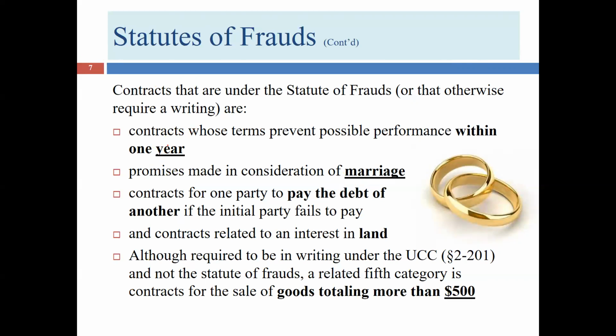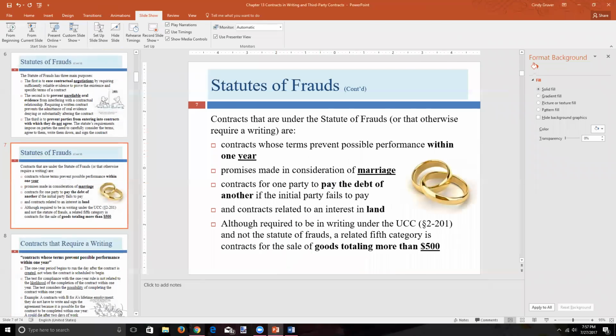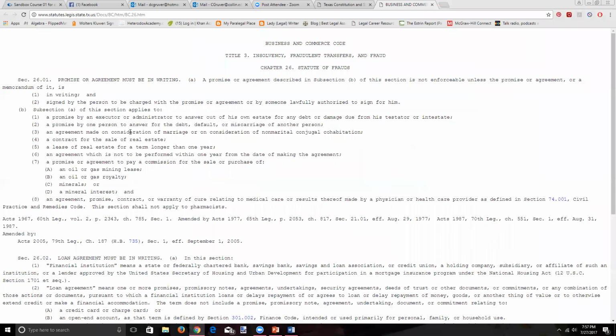So this would require that it be in writing. Let's make a comparison to this, the similar requirement we have in Texas law: an agreement which is not to be performed within 1 year from the date of making the agreement.